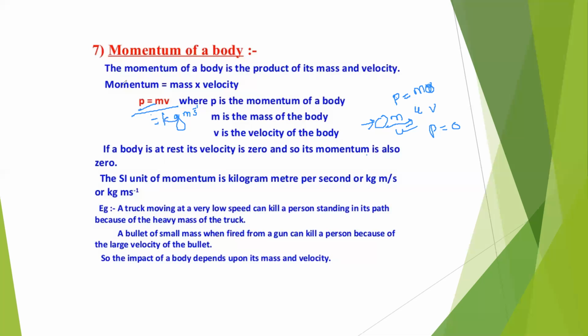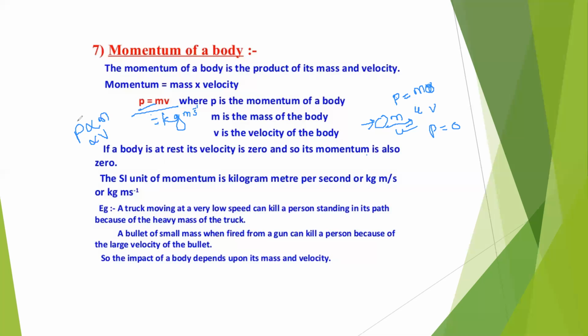Here the momentum P is directly proportional to mass, and it is also proportional to velocity, which means that if the mass of the body is more, the momentum will be more. If the velocity is also more, the momentum will be more. Next point, a bullet of small mass when fired from a gun can kill a person because of the large velocity of the bullet.